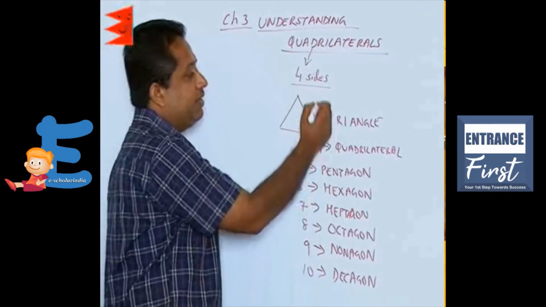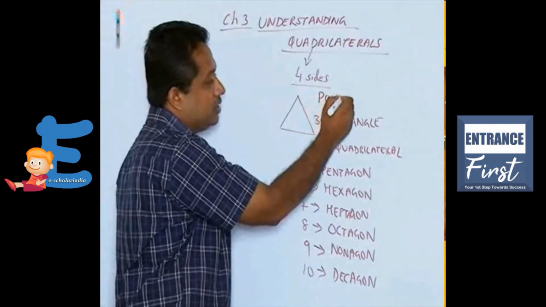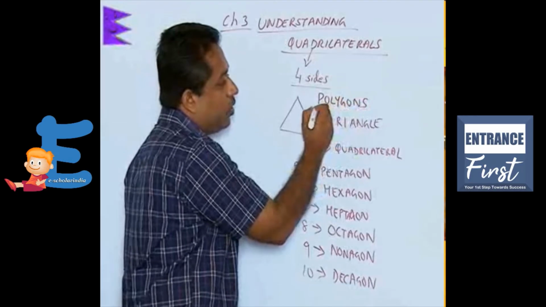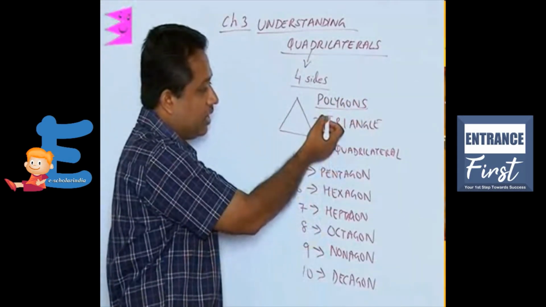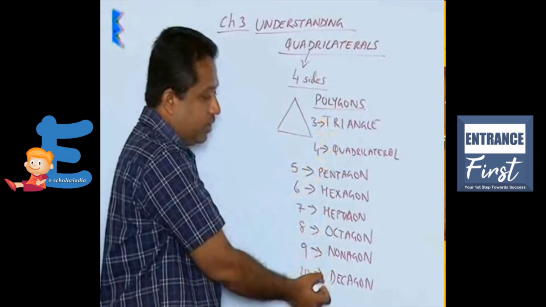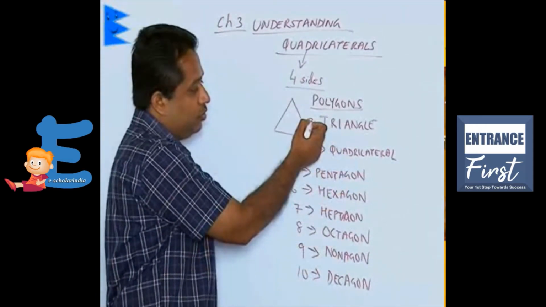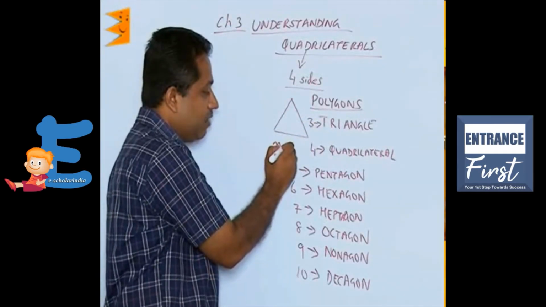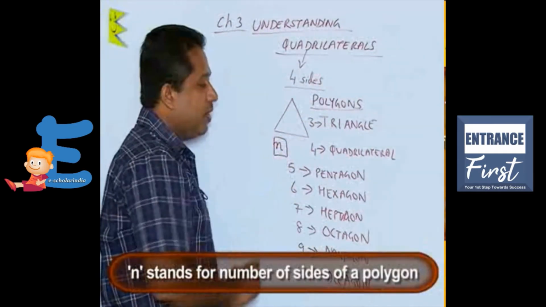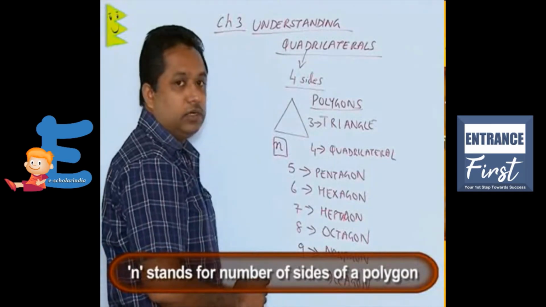So these are all examples of polygons. When we refer to polygons, it can have n number of sides, and these from triangle to decagon should be known. This number of sides is normally represented by the alphabet n. So n stands for the number of sides of a polygon.